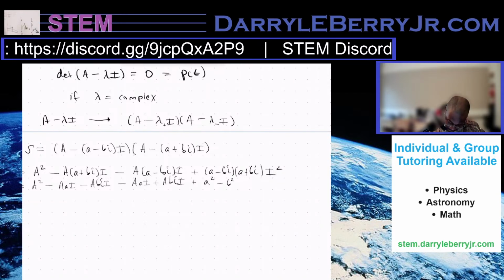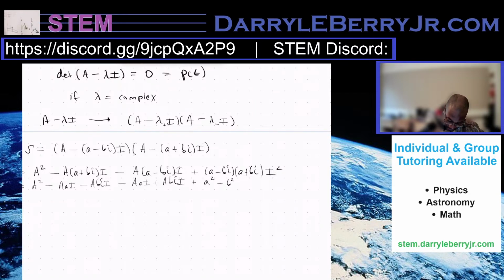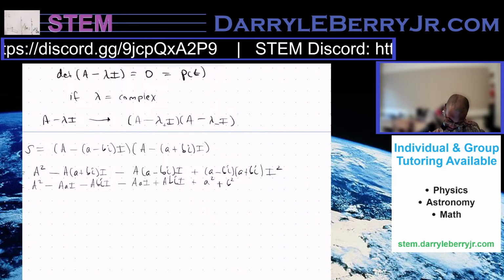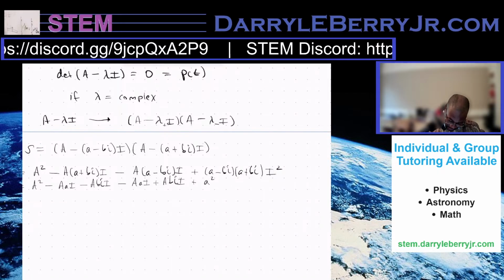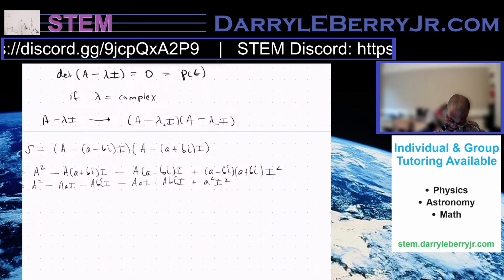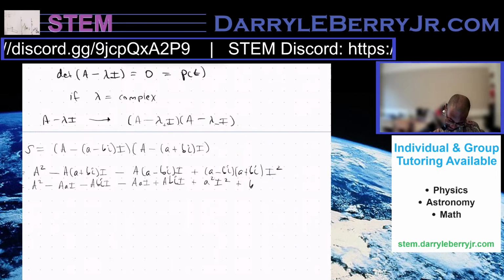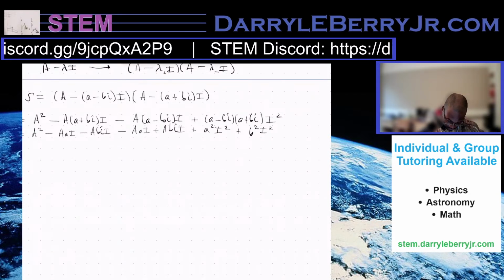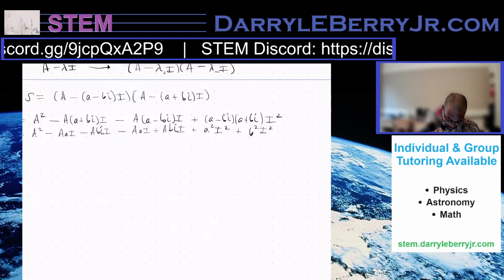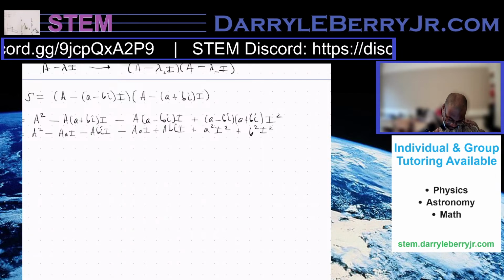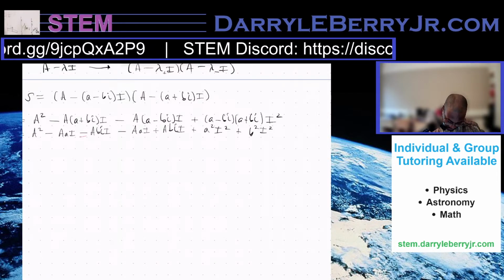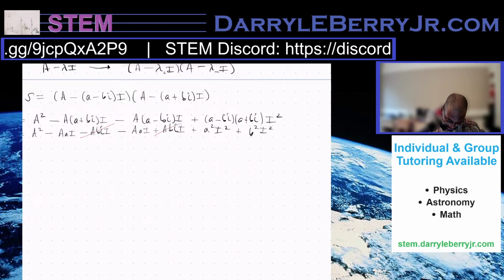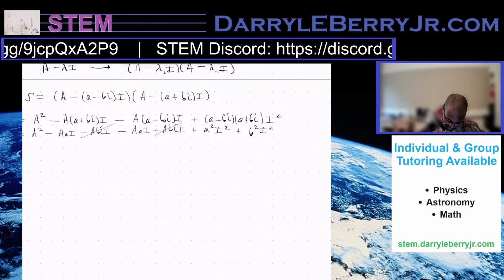b squared, and i squared is -1, so that's plus i. And I could just distribute the i squared now. So that's a squared i squared plus b squared i squared. Right? So this ab i minus ab i cancels.